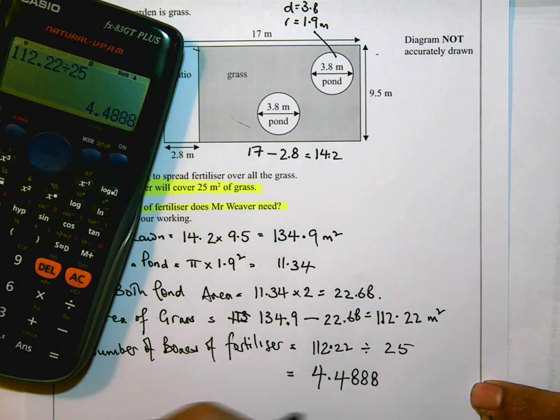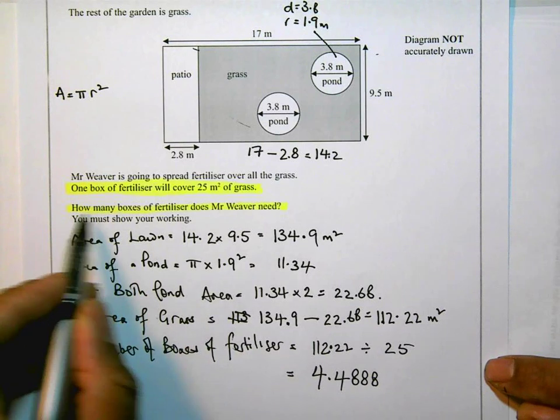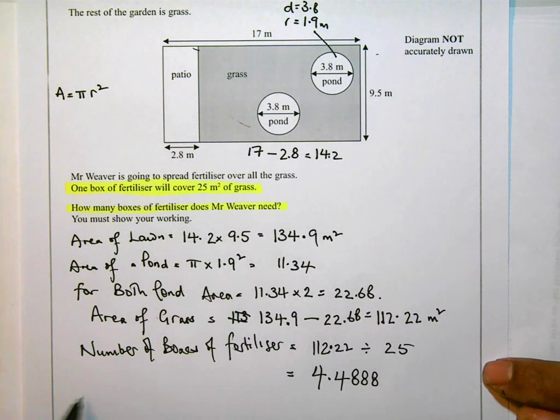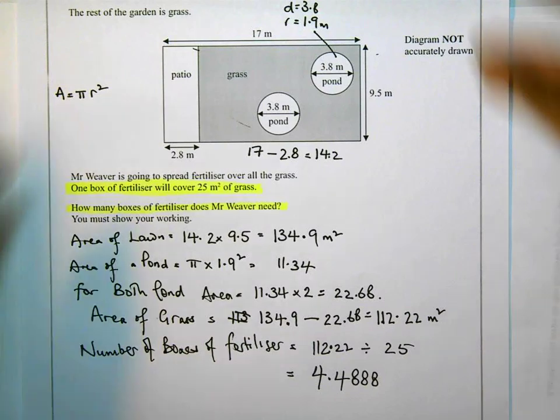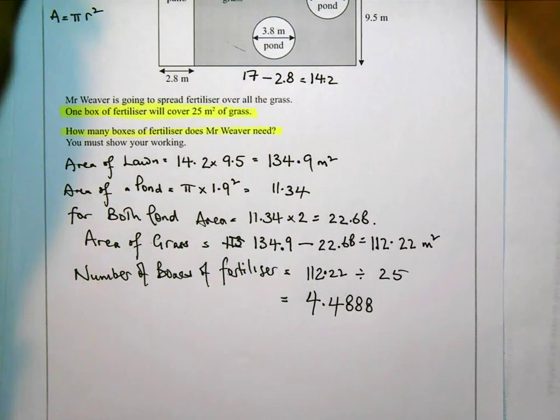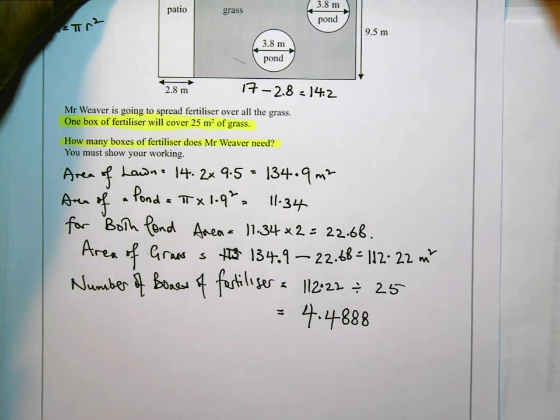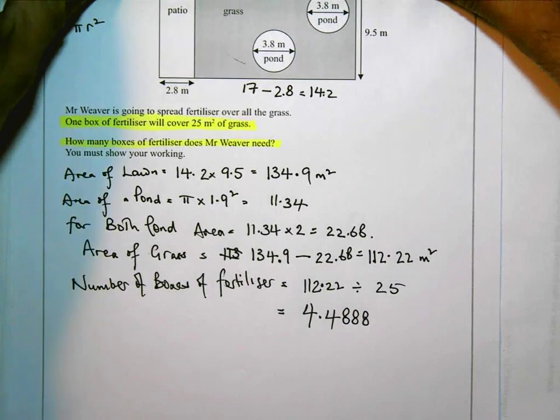Now, how many boxes will Mr. Weaver need? Well, I'm going to write my sentence now, to indicate the full answer. Always use the name of the person.